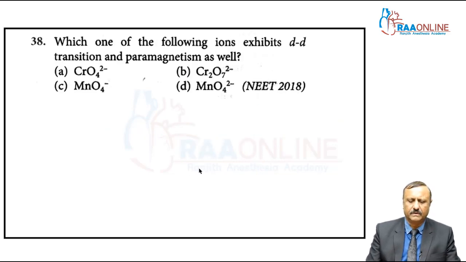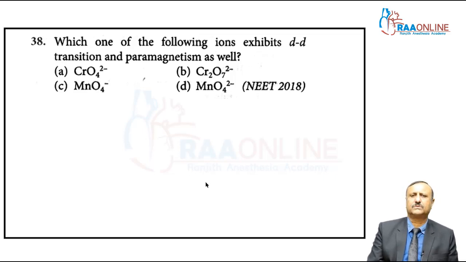Now, my dear students, when we see question number 38, this question was asked in NEET 2018. Which one of the following ions exhibits d-d transition and paramagnetism as well? My dear students, here you see the MnO4 2 minus ion.